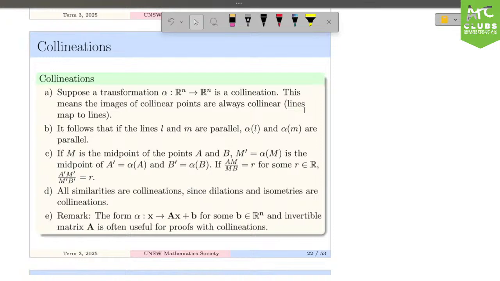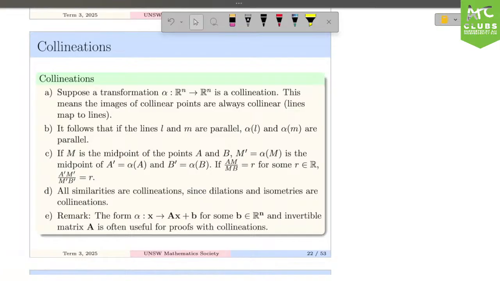Next, all similarities are collineations because dilations and isometries are all collineations. Now it is worth noting that the form alpha from x to Ax plus b, for some b in Rn and invertible matrix A, is very useful for proofs with collineations.